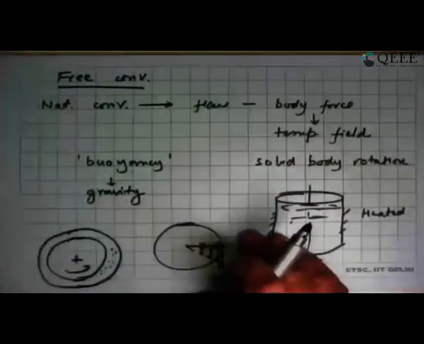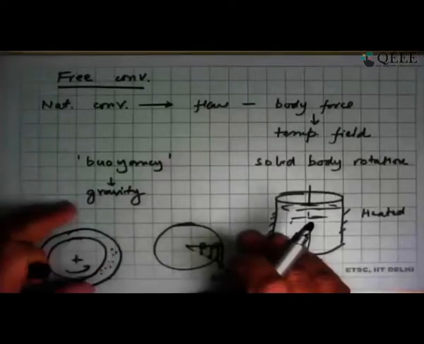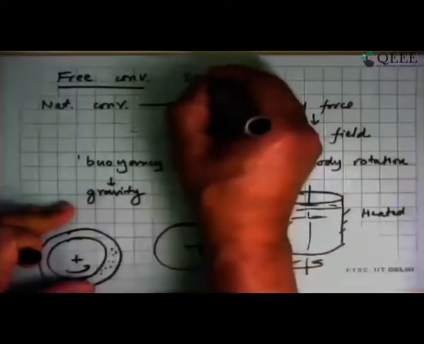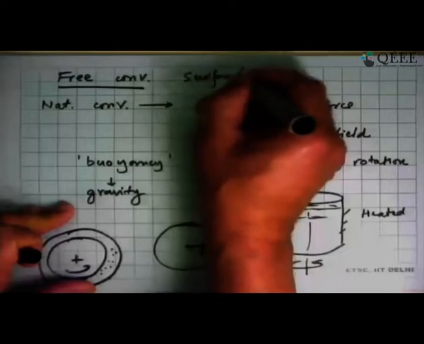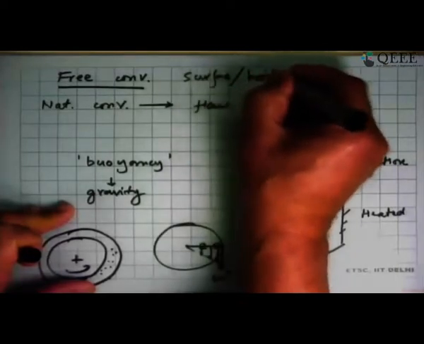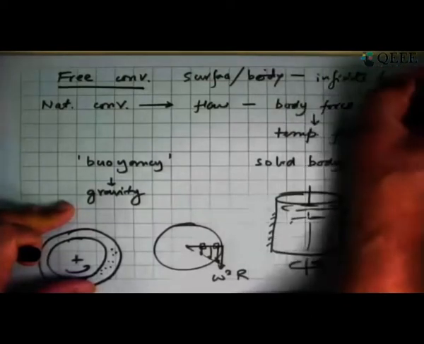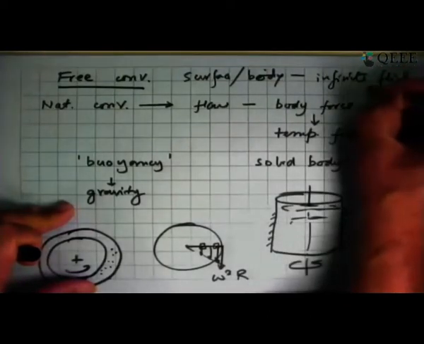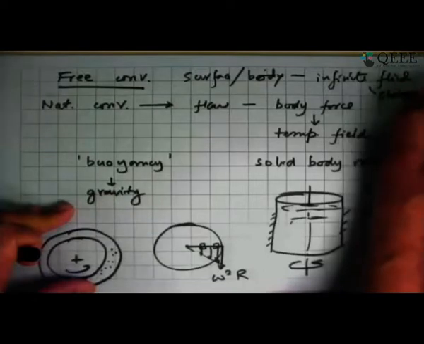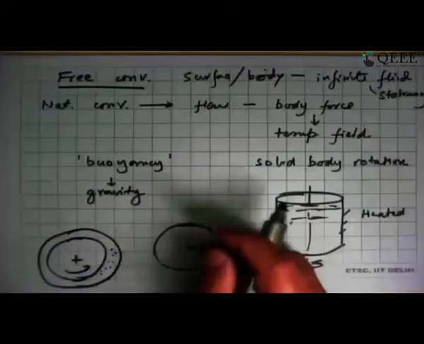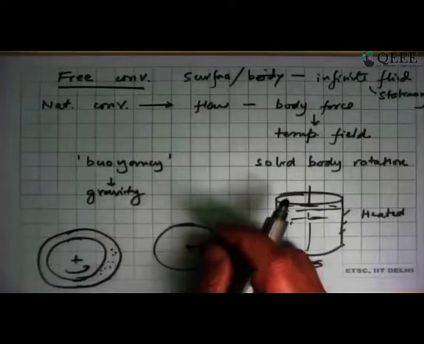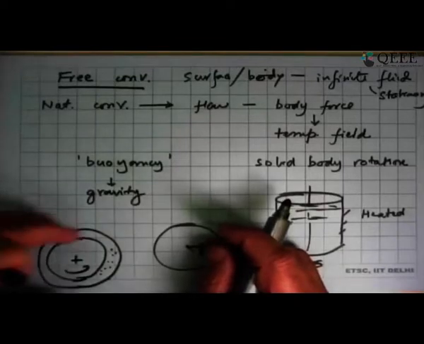Free convection is a special case of natural convection, where we have a surface or a body which is surrounded by an infinite fluid, and this is stationary. So a hot plate or something standing in a room where the room air is still and the walls are very far away, that again comprises natural convection.